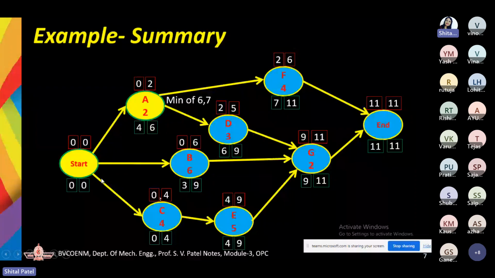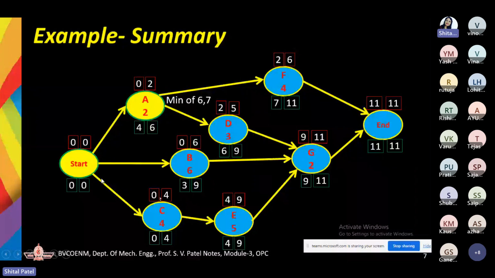Again, I am repeating. For the path of the project, whatever events or activities are there, if they are having latest and earliest time both the same, then that path is called the critical path.